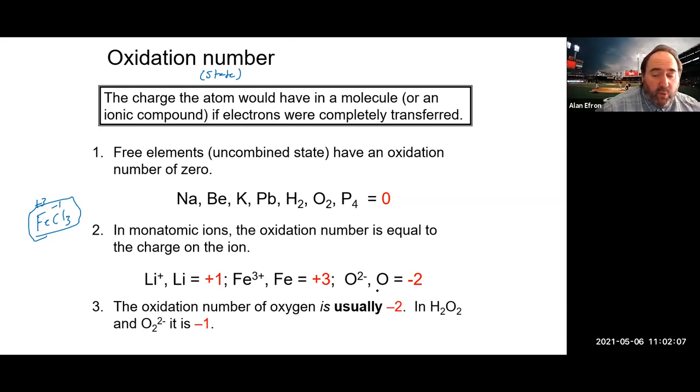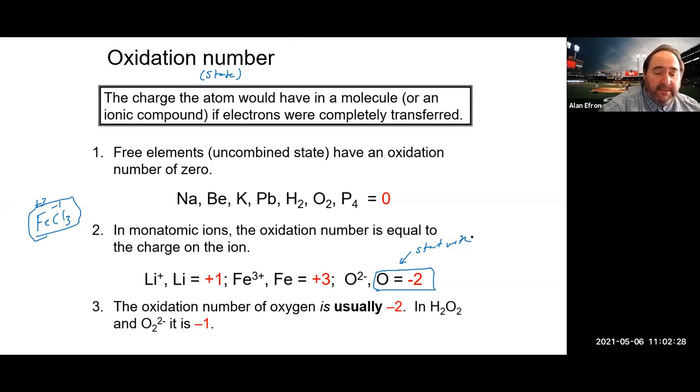Oxygen is usually a really great place to start when you're assigning oxidation numbers, and then work your way around. It typically is -2. There is an exception, and that is in hydrogen peroxide.